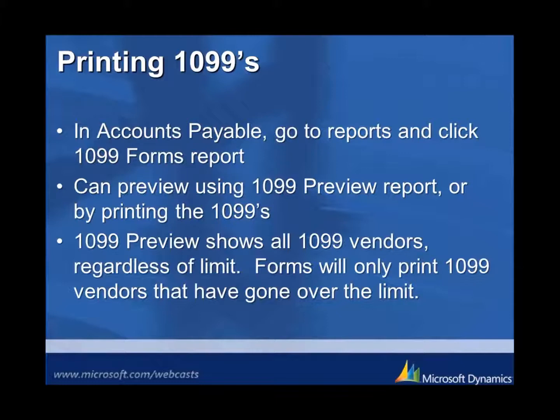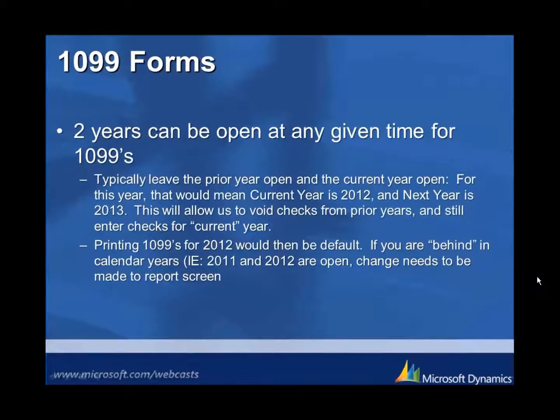And if I recall correctly, and don't quote me on this, please, I believe the limit this year is like $550, which means that if you've got a vendor who had $400 that was 1099 reportable, you're still going to see them on the preview report. Now, you will not see them on the 1099 report. So if you want to print the 1099s to blank paper in order to review, that makes sense as well. And then that way, at least you'll be excluding any vendors that are not required to get a 1099.